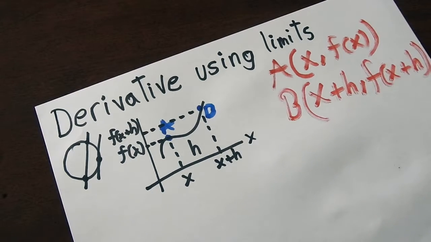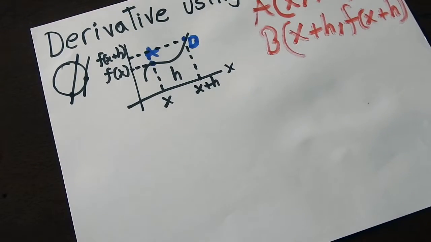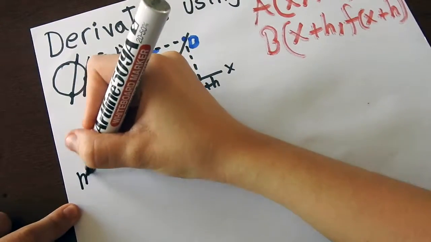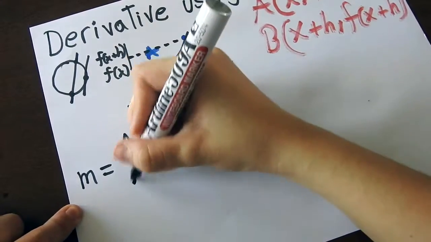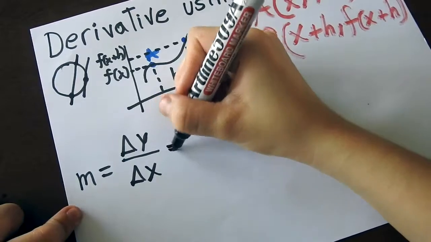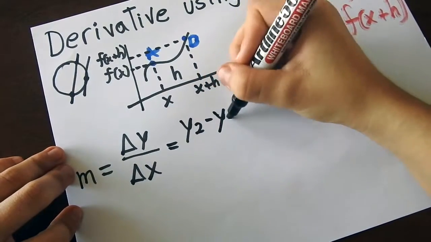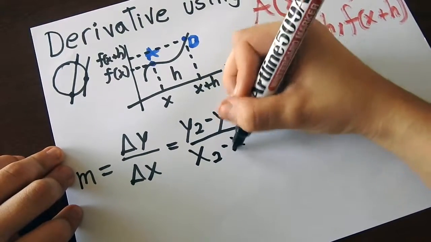If we do the slope formula for this, let's remember that the slope formula is written as m, and is the change in y over the change in x, or alternatively y2 minus y1 over x2 minus x1.